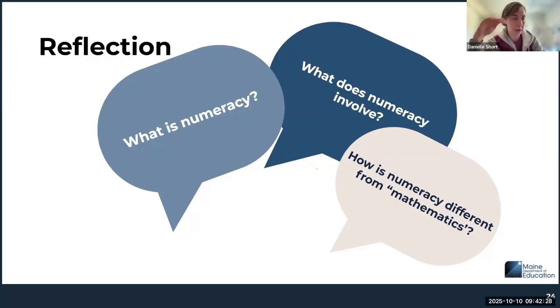But numeracy for me is someone who can just kind of live with numbers, and you see patterns in nature, and you kind of appreciate that weaving pattern in and out of our lives.